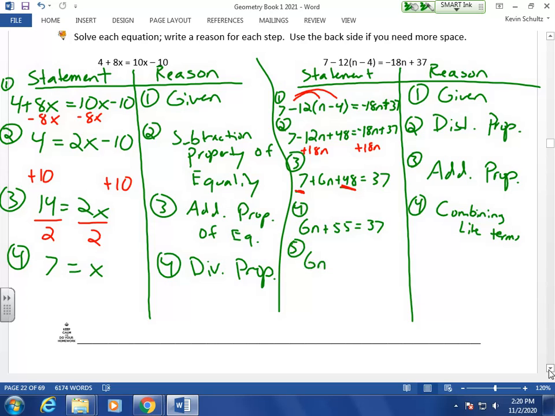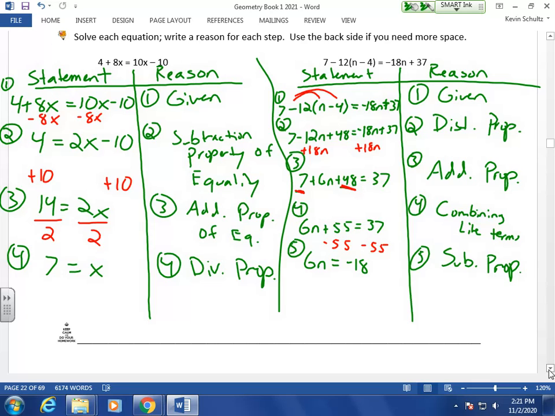I'll forgive you. Subtract 55 from 37, and we get negative 18. There's the math behind it. And we're able to do that because of the subtraction property. Okay.